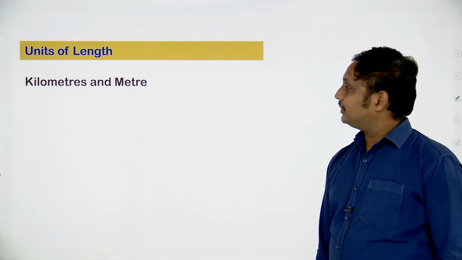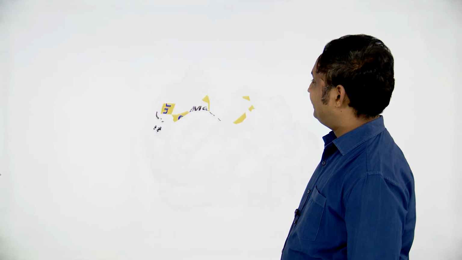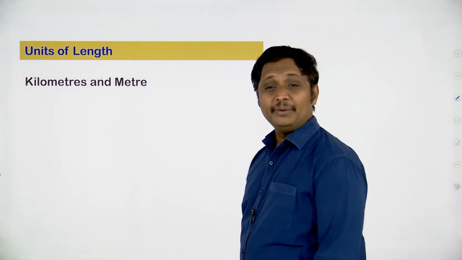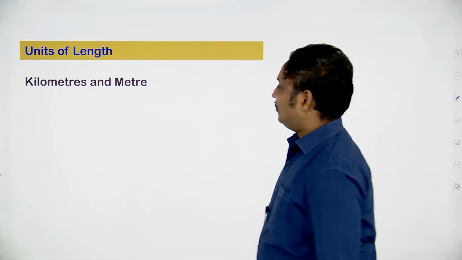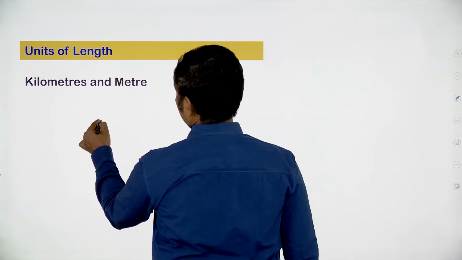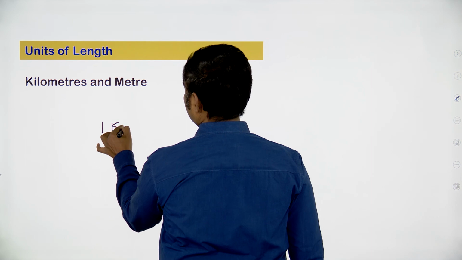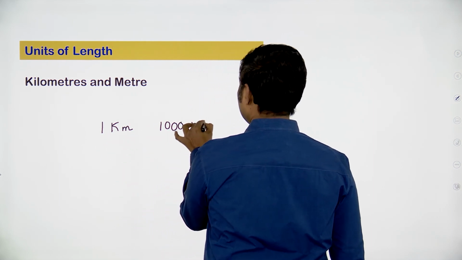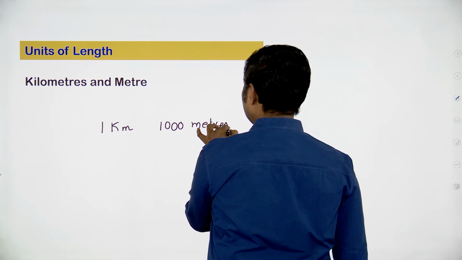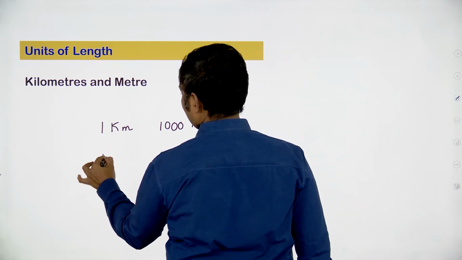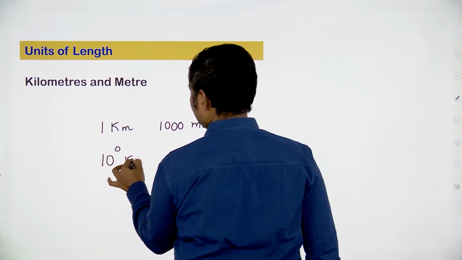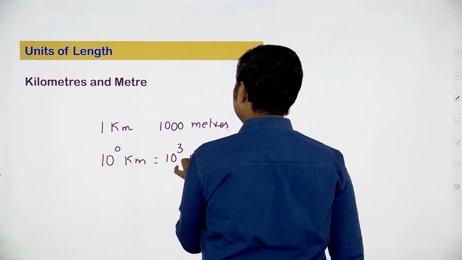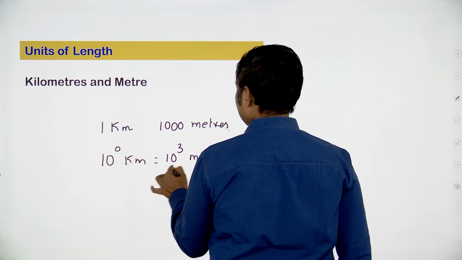Now the units of length: kilometers and meters. How are we going to get that? 1 kilometer is 1000 meters. This is going to be 10 to the power 0 kilometer and 10 to the power 3 meters, right?